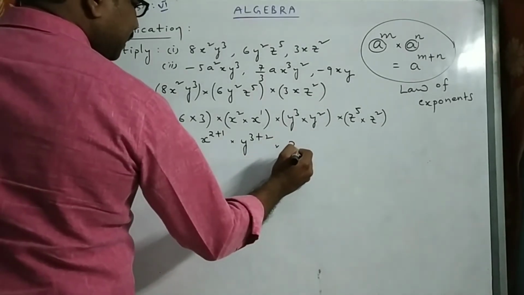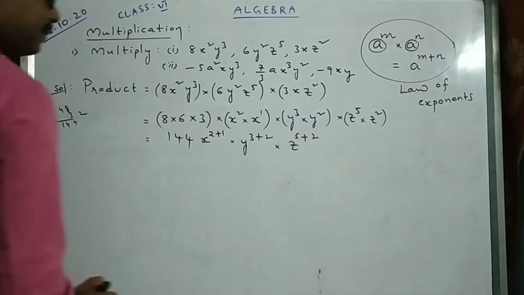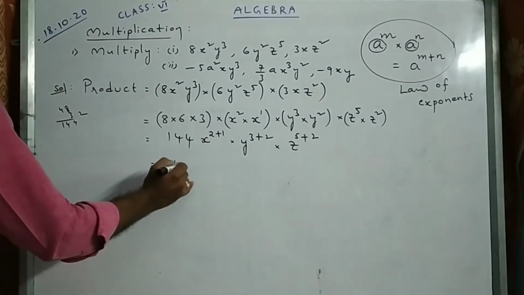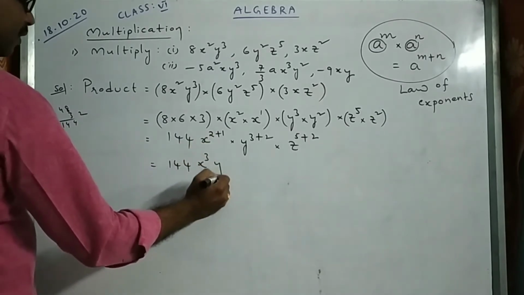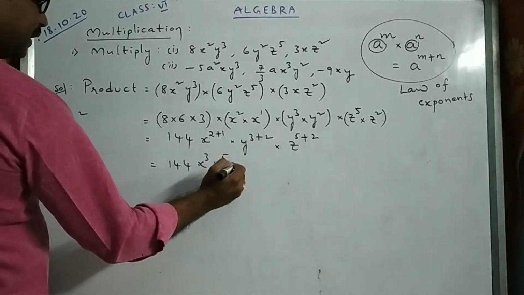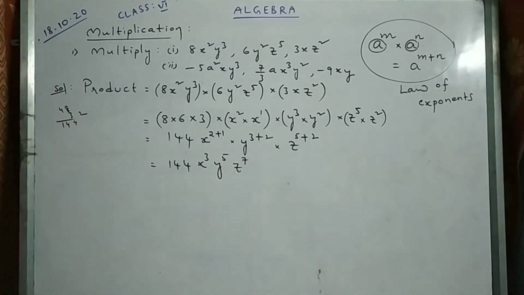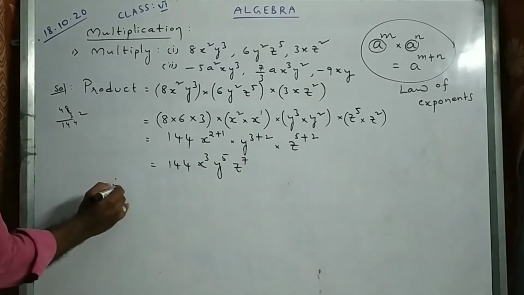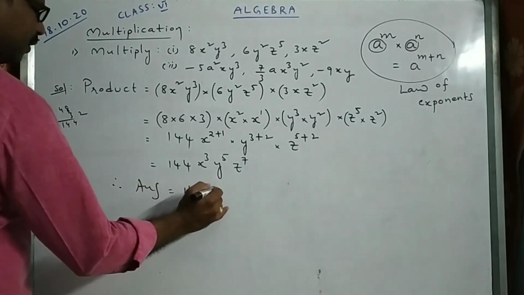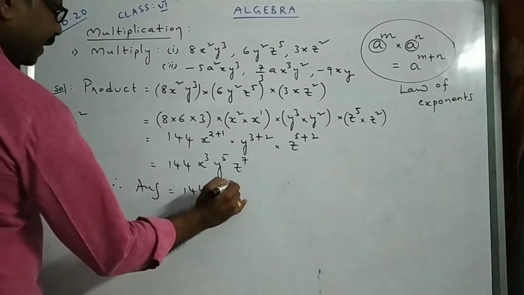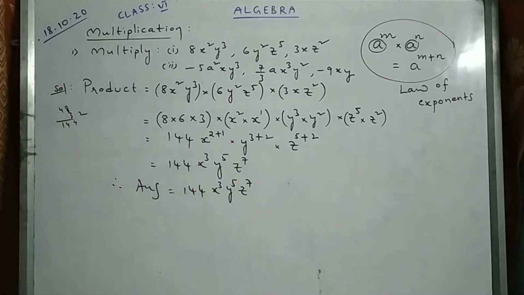Similarly here z power 5 plus 2. So 144, x to the power 2 plus 1 is 3, y to the power 3 plus 2 is 5, z to the power 5 plus 2 is 7. Is that clear? Therefore the required answer is 144 x cube y to the power 5 z to the power 7.